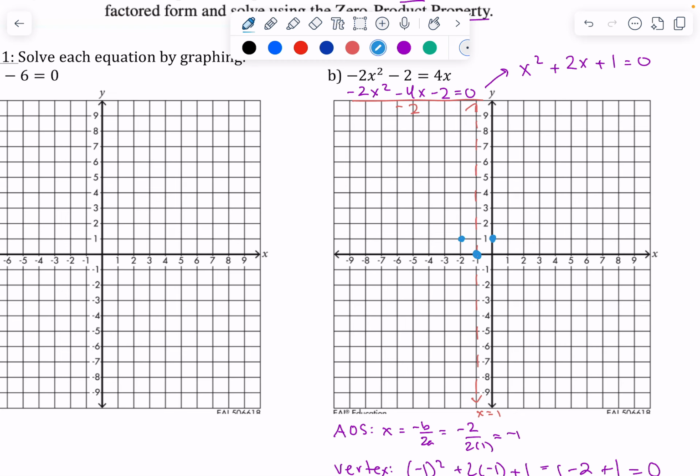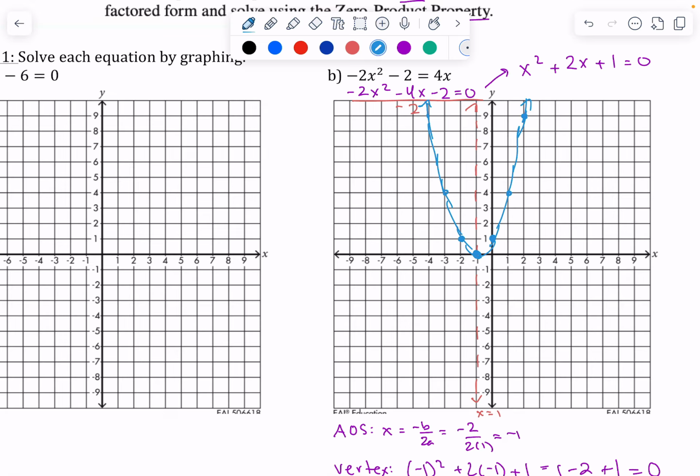Now, because this equation has no vertical stretch or shrink, I'm going to follow the parent function, which goes over 1, up 1. So that's those points. And then over 1, up 3, which are these points. And then over 1, up 5, which are these points. So that is the graph of my function.